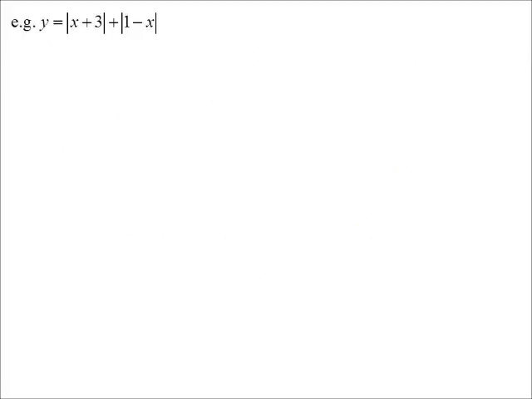Oh, these ones, absolute value plus absolute value. I like to break it up into the critical points, what's happening at those critical points. And the critical points are the absolute value signs when that's going to be 0, because that's when it's going to change from positive to negative. So the first thing would be when x is less than negative 3. If x is less than negative 3, then x plus 3 would be a negative number.